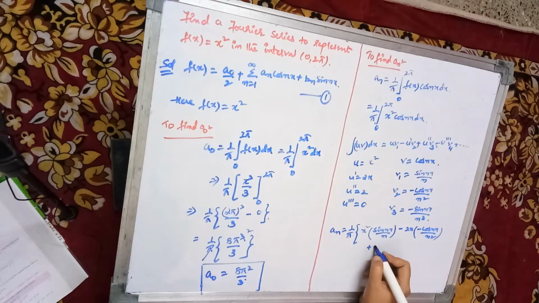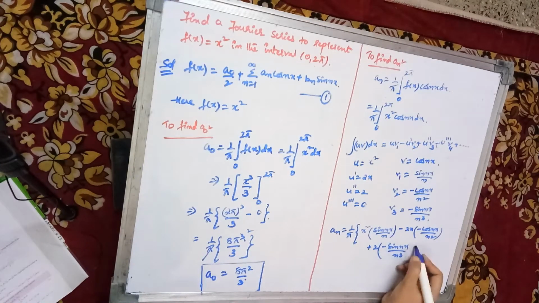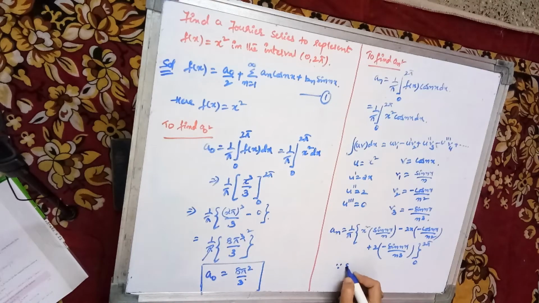Next plus u double dash, which is 2, and v3, which is minus sine nx by n cube, with limits from 0 to 2 pi. Now you have to substitute your upper value and lower value, where we know that sine n 2 pi is equal to 0 and cos n 2 pi is equal to 1.